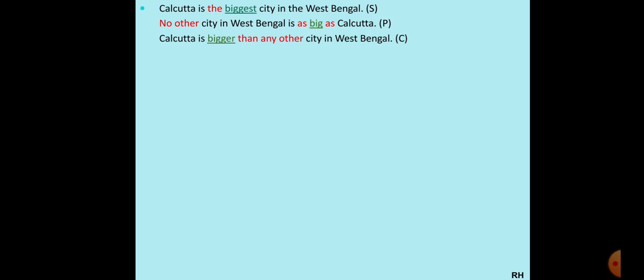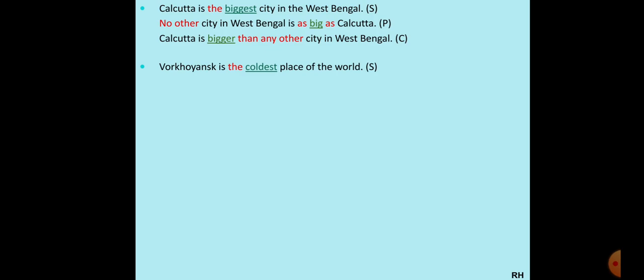In comparative and superlative, the object will come in the beginning and the subject will go at the end. So you can see Calcutta we have kept as it is in the beginning: Calcutta is bigger, because it's comparative, than any other city in West Bengal. So easy, students. Fine. Let's look at the next example.